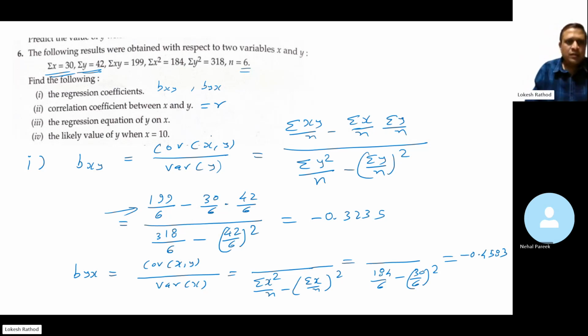So let's check. Bxy is covariance of xy upon variance of y. So variance of y we did correctly. The numerator is the same, so the problem will be in the denominator. Sigma y square is 318 over 6, right? Sigma y is 42. Yeah, that's correct. I think we should convert it into decimal and keep the fraction also for the other calculations.